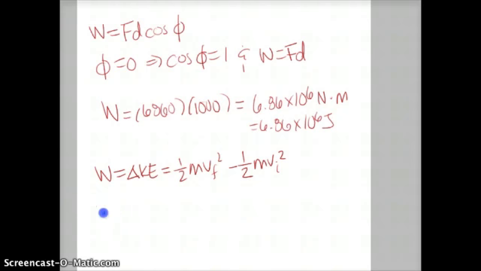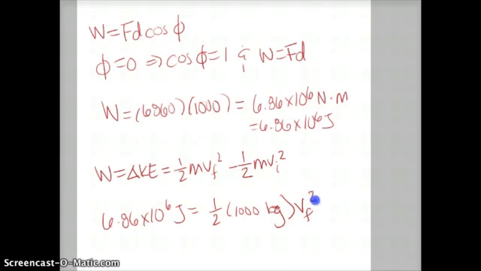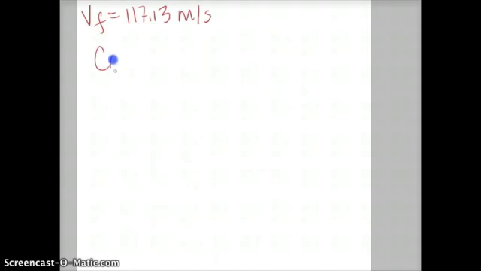So in our particular case, we're going to have 6.86 times 10 to the 6 joules is equal to 1/2 of 1,000 kilograms times vf squared. So final velocity then is going to be equal to 117.13 meters per second.